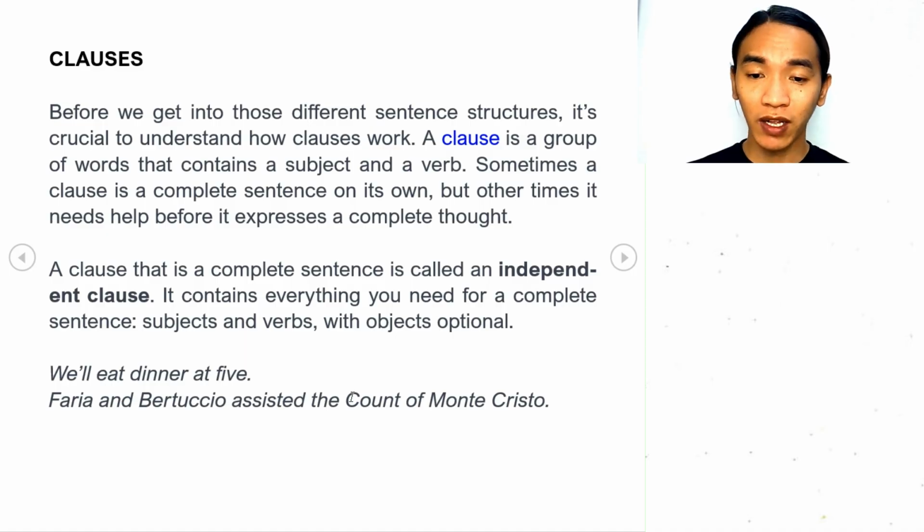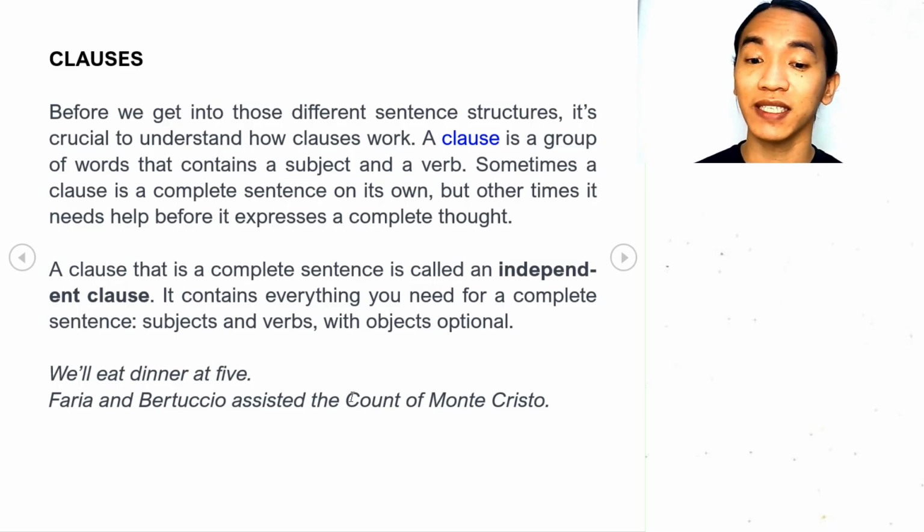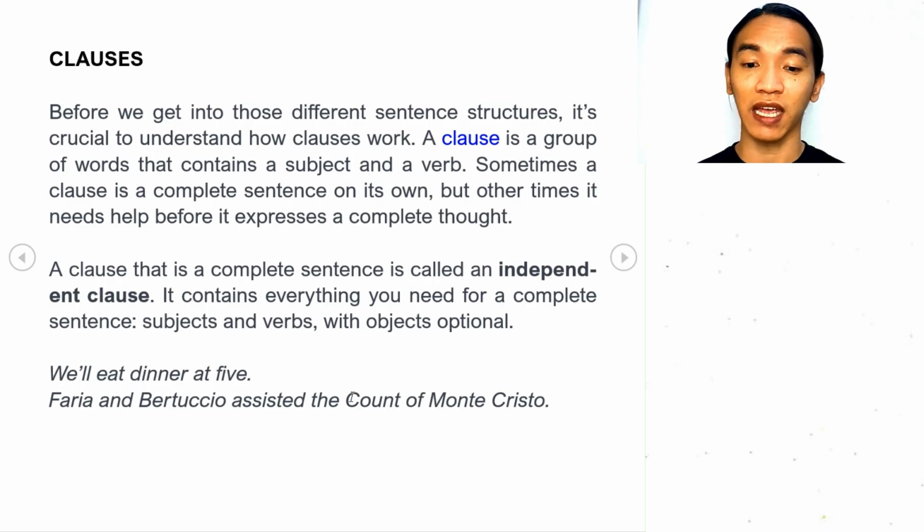Now, a clause that is a complete sentence is what we call an independent clause. From the word itself, independent, it doesn't need more help or more sentences to complete the meaning. It contains everything you need for a complete sentence. It has a subject and verb, and objects as an optional part of the sentence. For example, we'll eat dinner at 5.